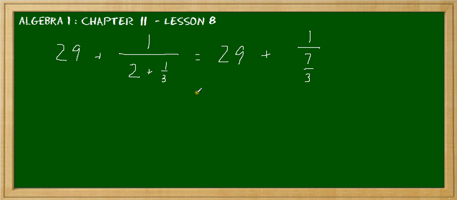Yes, we could, because we know that 2 is equal to 6/3, so 6/3 plus 1/3. So all we did was we added 2 and 1/3 and we expressed it as a fraction. So now we just simply have 1 over 7/3.